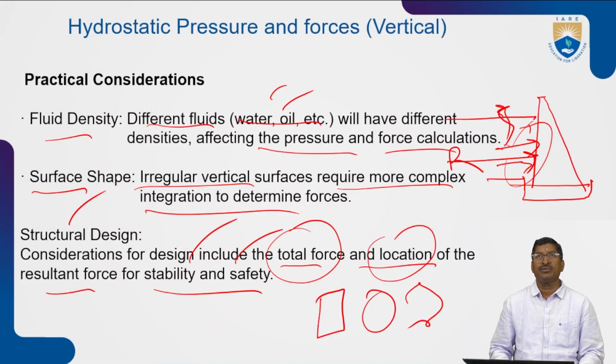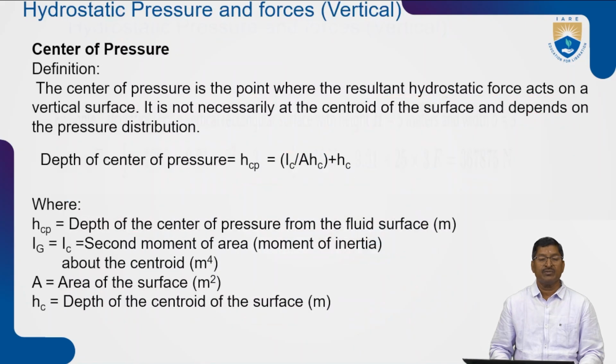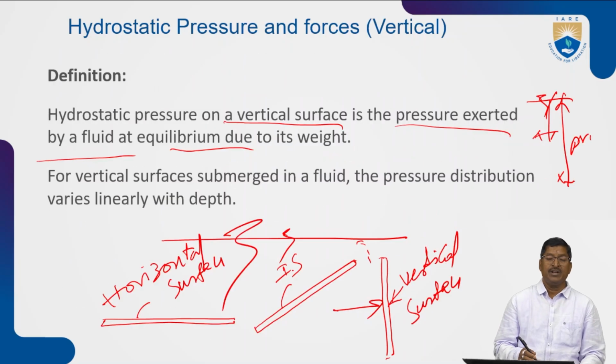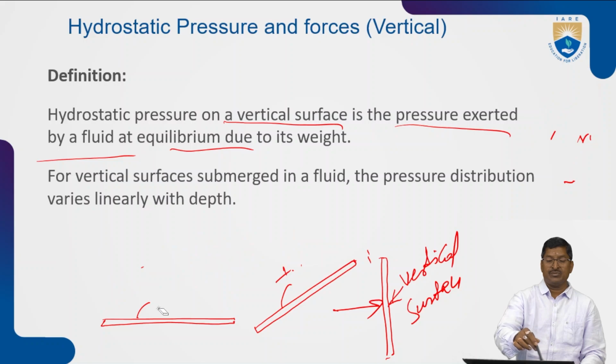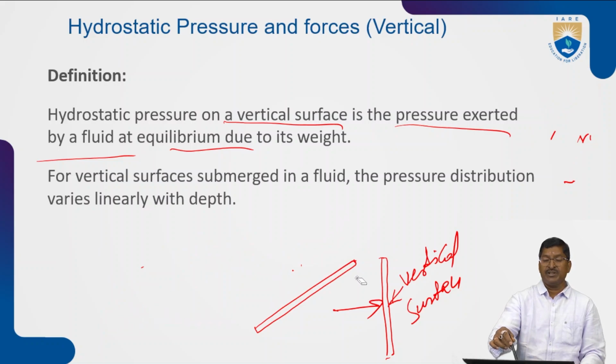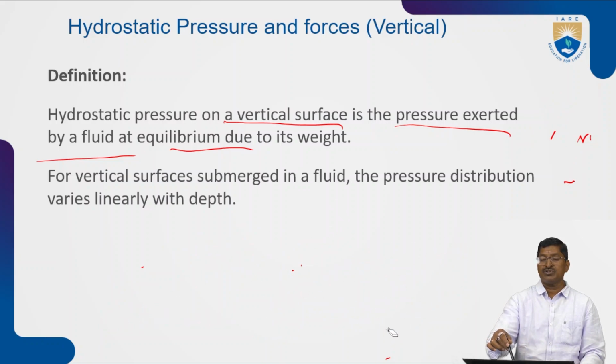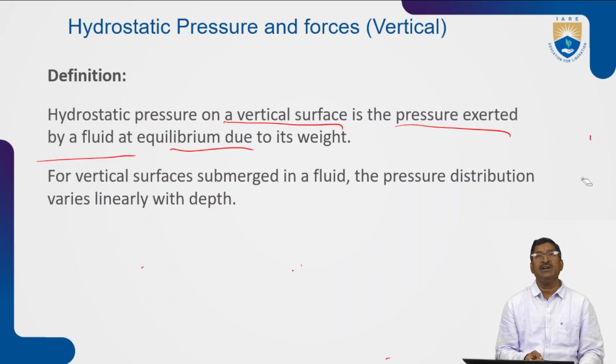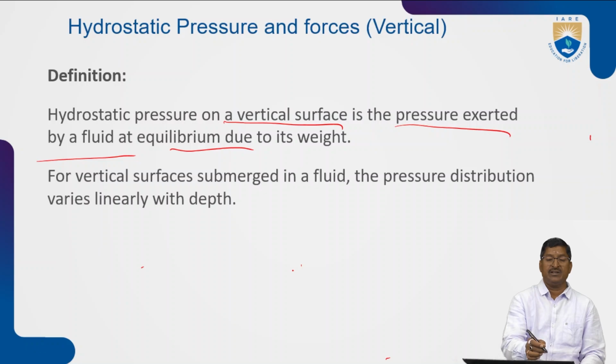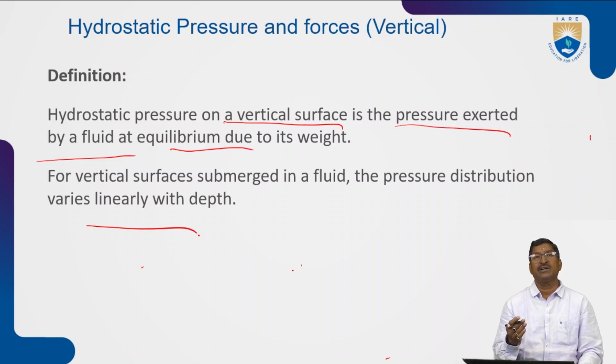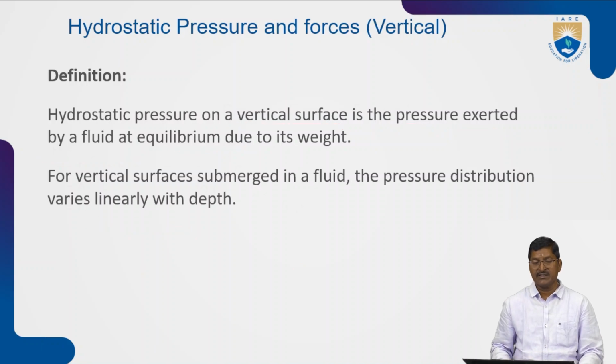So if you review what we learned today, we dealt with the definition. It is nothing but the pressure or force exerted by a fluid at equilibrium due to its volume, that means the fluid is at rest. It varies linearly: as the depth increases, the pressure also increases.